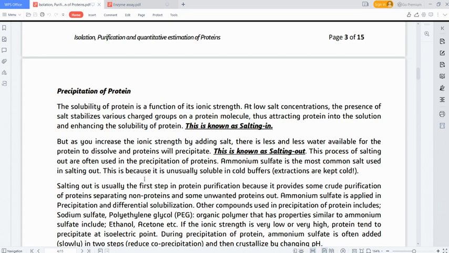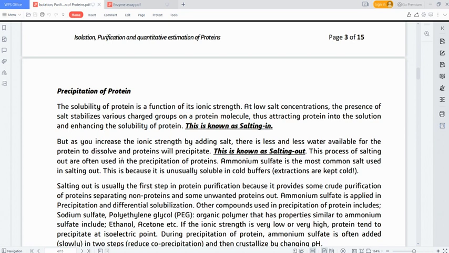We can put in an ionic compound that is equally soluble in water that can compete with the solubility of the proteins. So we say the solubility of protein is a function of its ionic strength, which we have said. At low salt concentration, the presence of salt stabilizes various charges on the protein and thus attracts proteins into solution, and hence the solubility of the protein.